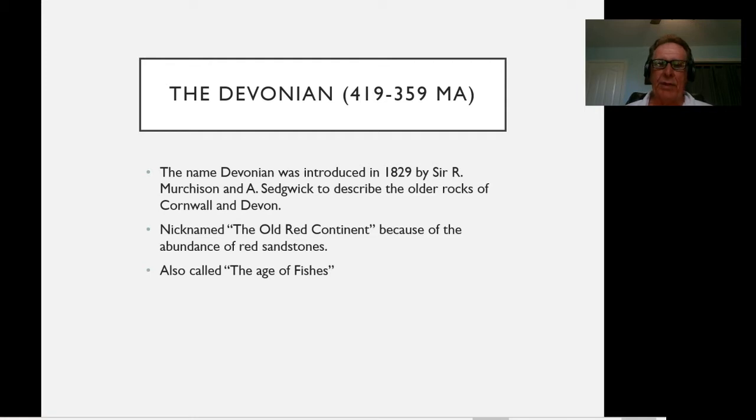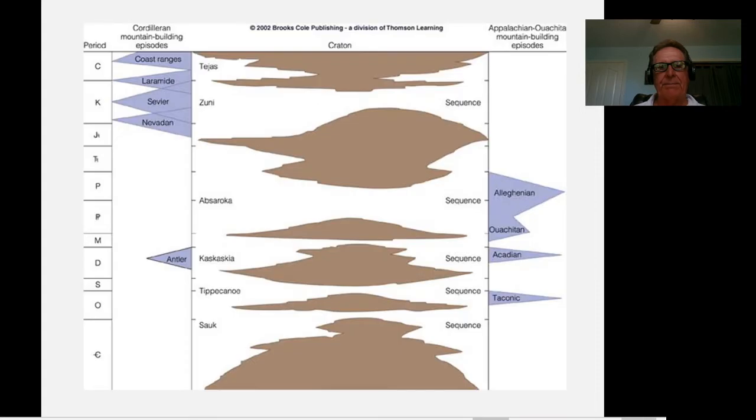When that happened, of course, the ocean closed, and we began to see more continental-type siliciclastic sediments, silica-rich, quartz-rich sediments that were typically red in color, hematite-rich. So this continent of Euro-America was nicknamed the Old Red Continent because of this abundance of red sandstone. It's also nicknamed the Age of Fishes because fish became very abundant in the ocean and dominated sea life. So several things are going on in the Devonian.